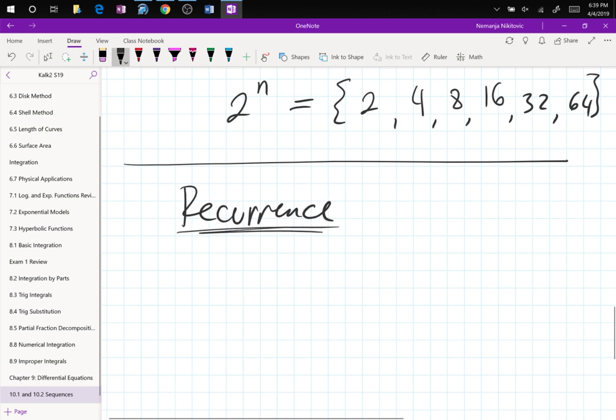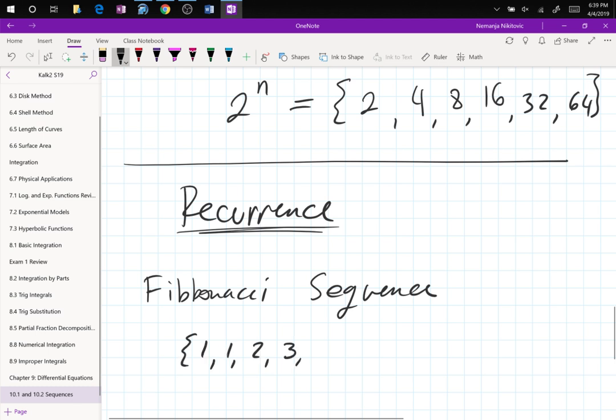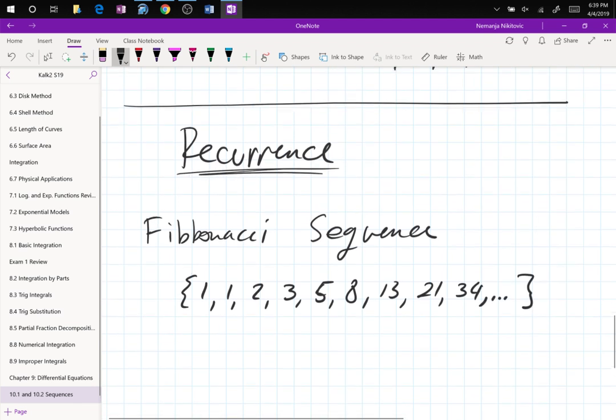For recurrence, look at the Fibonacci sequence, and you have 1, 1, 2, 3, 5, 8, 13, 21, 34, going on forever.